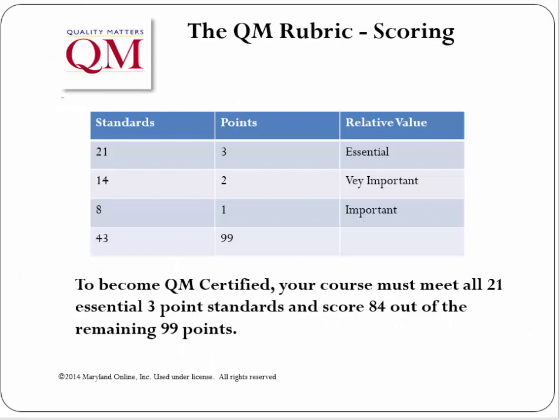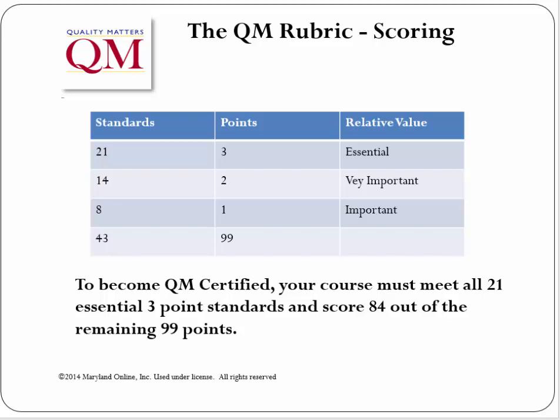And again, just a quick reminder of the QM scoring rubric, how to become QM certified, is that you are scored on your specific standards. There are 43, and they are weighted by assigning them points, 3 points, 2 points, and 1 point.